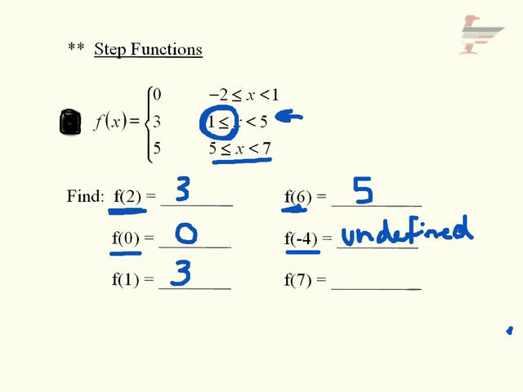And the last one, 7, is not in our domain because it's not equal to, so it would also be undefined. Now let's go ahead and actually graph this function.